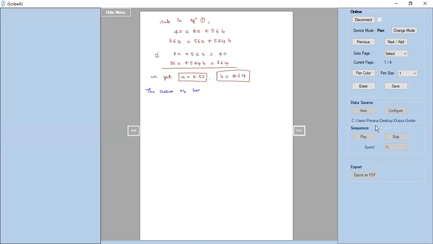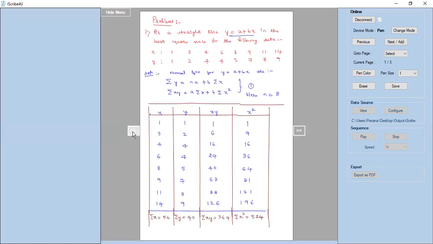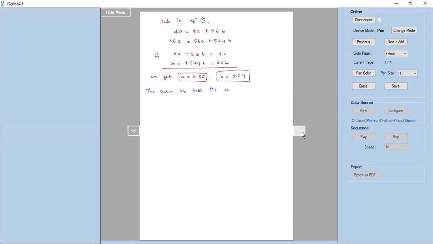The curve of best fit is in the form y is equal to a plus bx, which we had taken. So y is equal to 0.55 plus 0.64 into x.